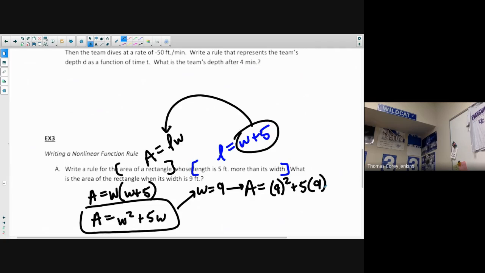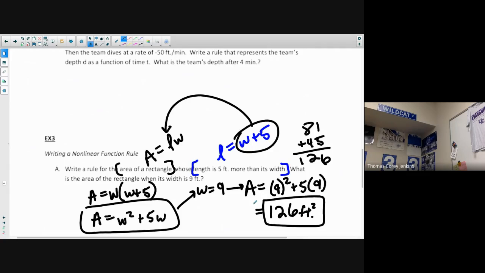So I just subbed in 9 every time I saw a W. Now I can use my calculator for the rest. 9 squared is 81. 81 plus 45. Let me make sure I get this right. I advise you just maybe use the calculator there. It looks like it's going to be 126. Since this is area, it's always going to be in square units, so we would say square feet. Okay, that answers the second part.